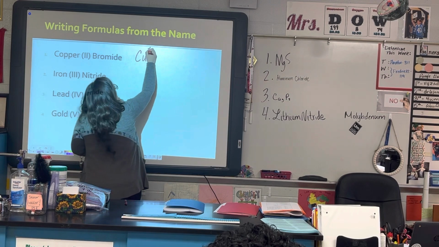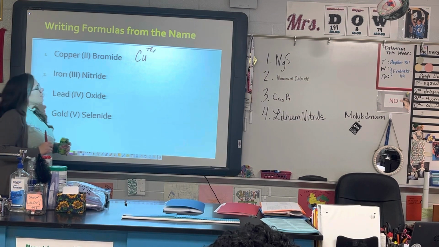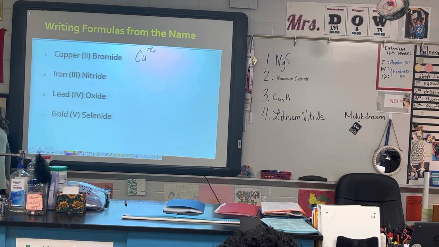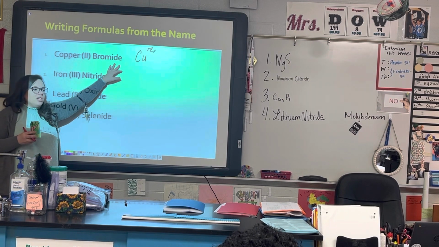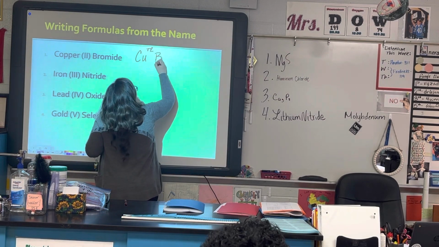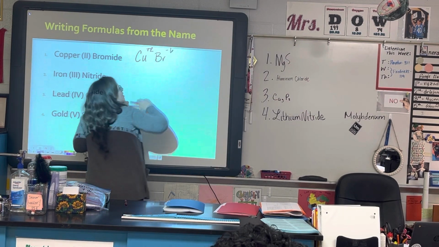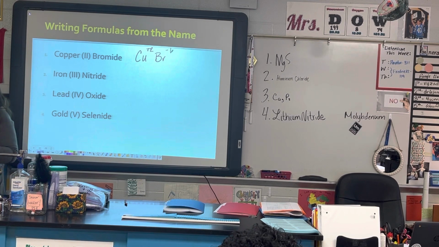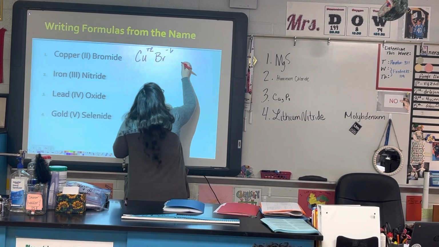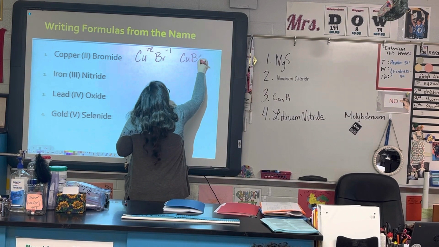So this is +2. Alright, what element would bromide be? Bromine, because we learned that when we name anions, we change their ending to "ide." So when you see "ide" on an element, it just means that element. So this would be bromine. And what's bromine's charge? -1. So when I cross those, let's see here. Alex, what'll be my formula? CuBr2. Yep, perfect. CuBr2.